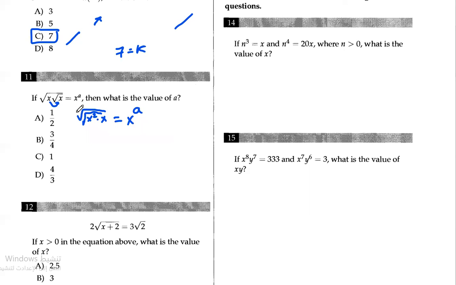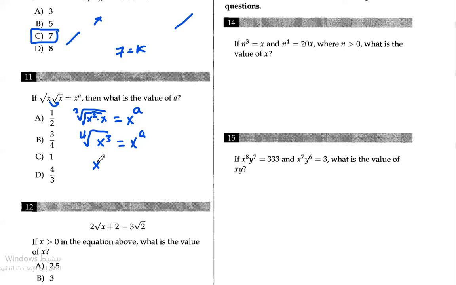Here you can multiply 2 because the power is 2 here, and here also 2. You multiply 2 times 2 because of the square root. 2 times 2 equals 4. So for x, you can add the exponents: 2 plus 1 equals 3. So x to the power a.